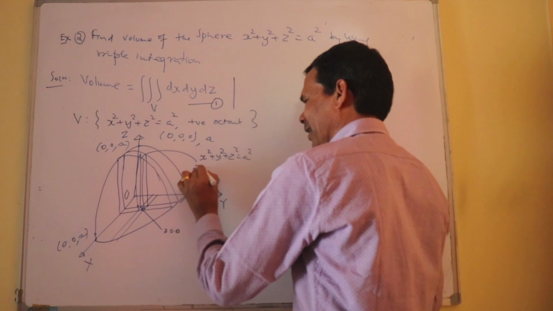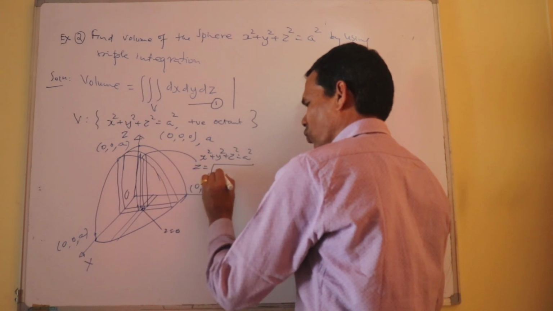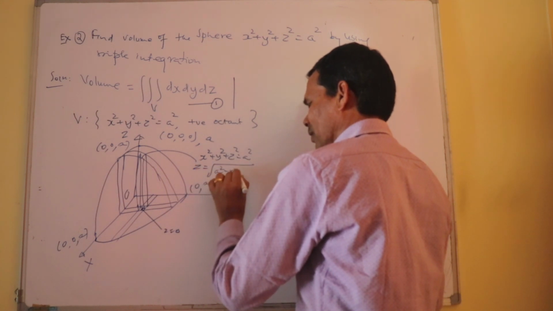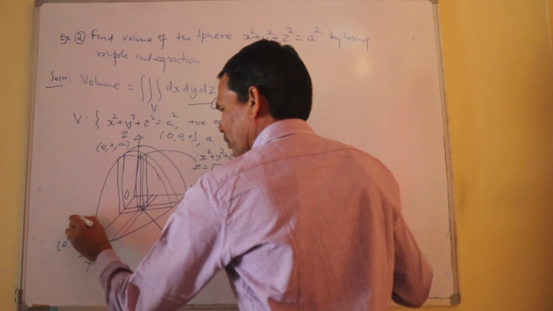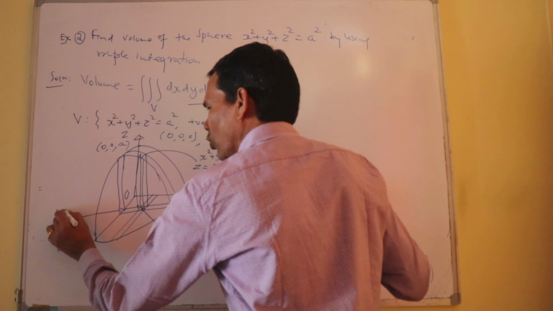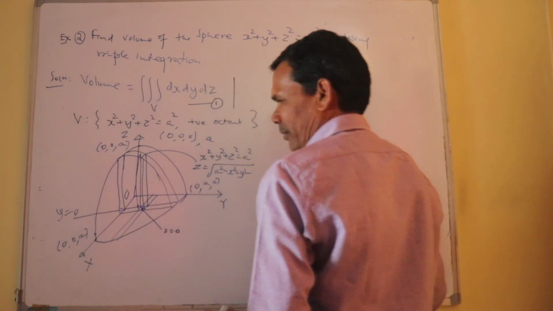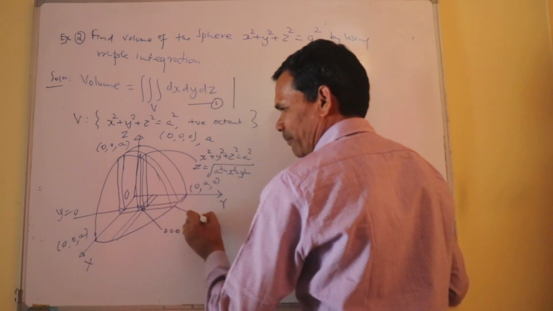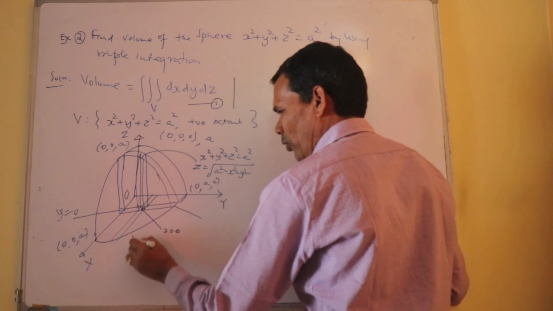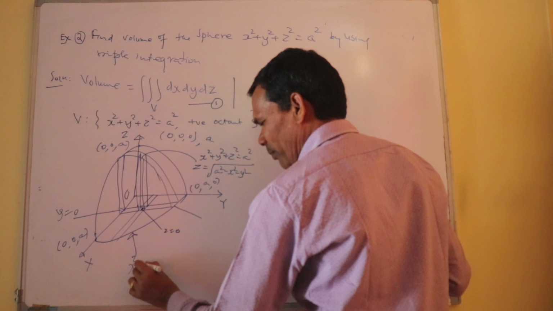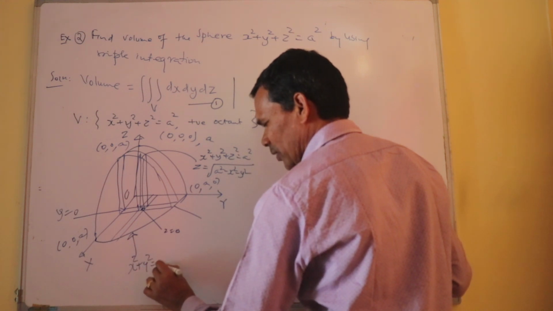So naturally z in the positive octant is root of a square minus x square minus y square, and this volume element is to be moved along this strip, y equal to 0, and this is the boundary of the circle x square plus y square.